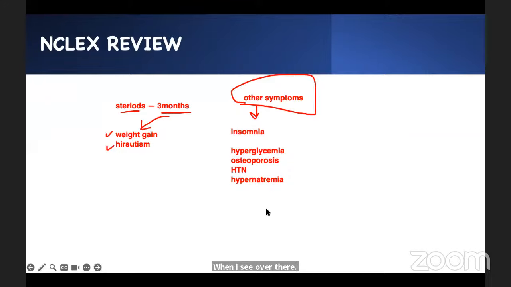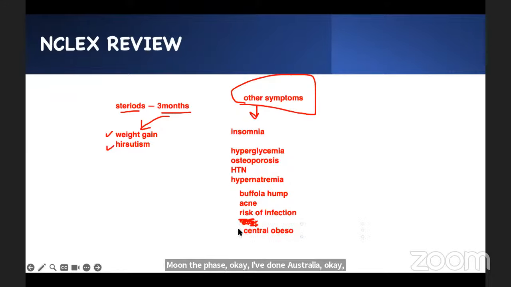Buffalo hump. Acne, risk of infection, fever. That's what people are saying. I don't know about fever though. Okay. Central obesity, moon face, abdominal striae.